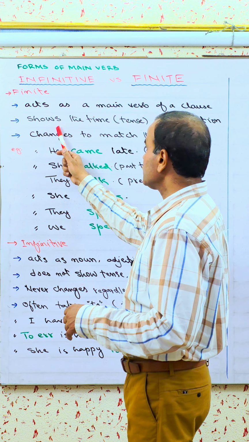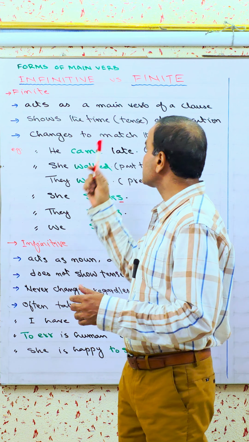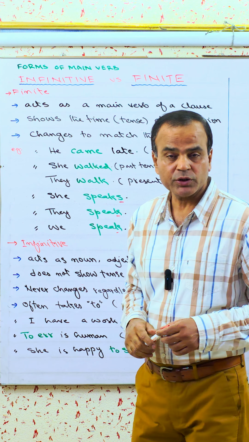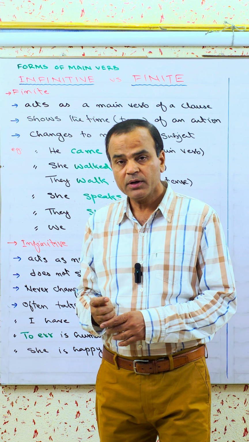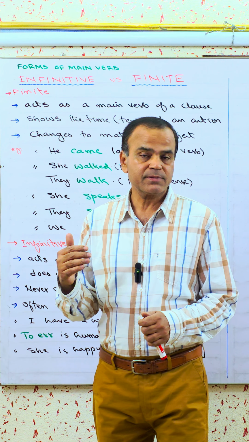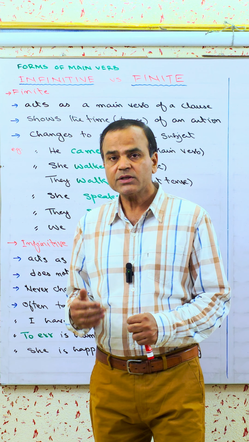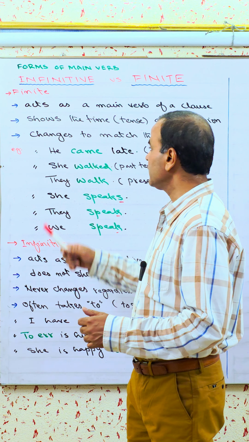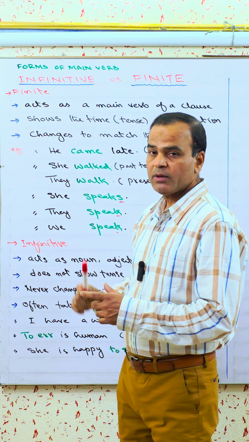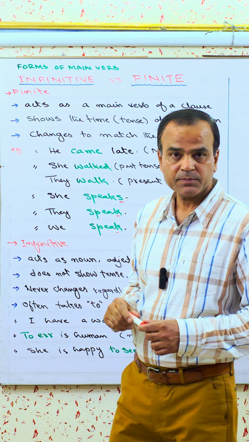Secondly, it shows the time. Time means tense of an action. The finite verb is the verb that shows the tense, means time of an action, state, or existence. Thirdly, a finite verb changes to match the subject.